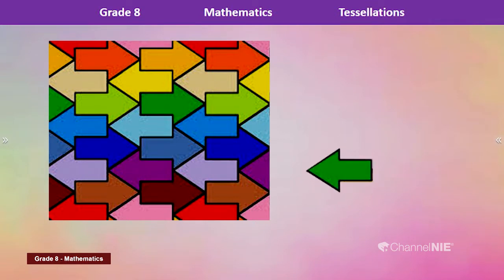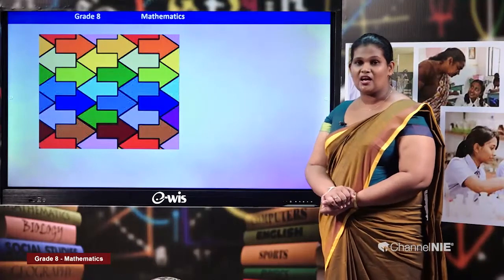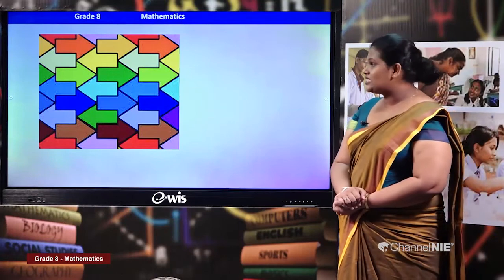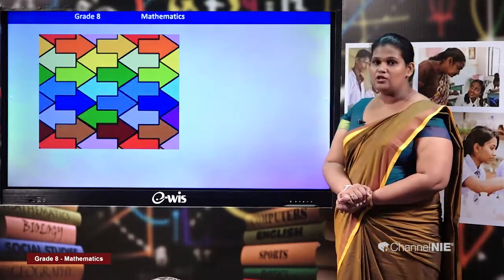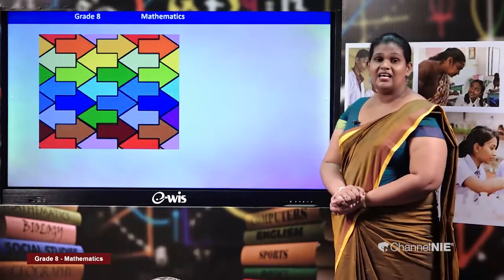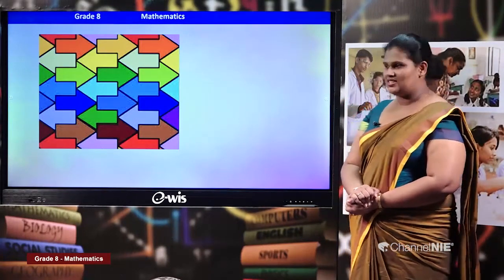They have rotated the same shape and once again fixed it. Right. Now, that means throughout this pattern also they have used the same shape. That means in this tessellation we can notice only one shape in many different colors. Therefore, we can say this is also an example for pure tessellations.